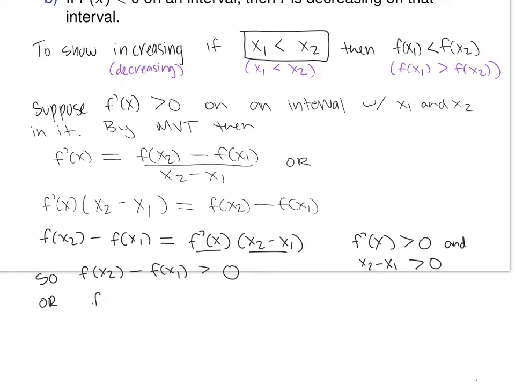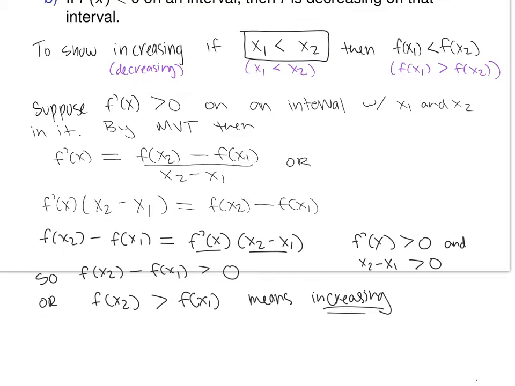Or you know that f of x2 is bigger than f of x1 by adding the f of x1 over. And that means increasing, right? You're just going to have to use the result.